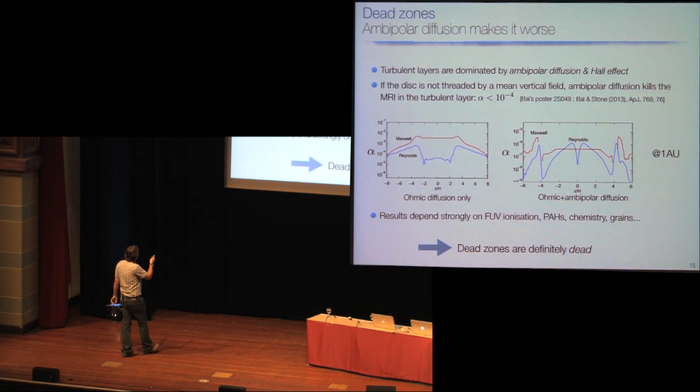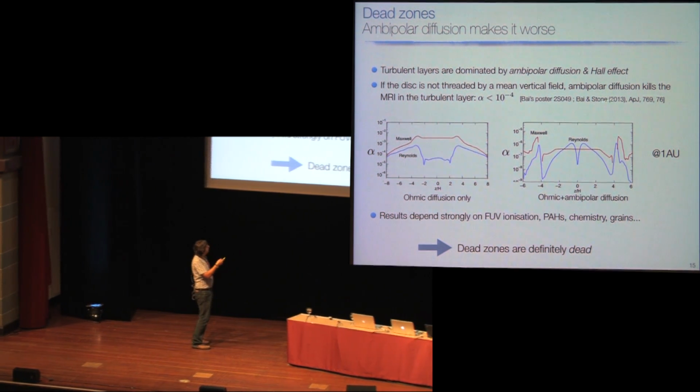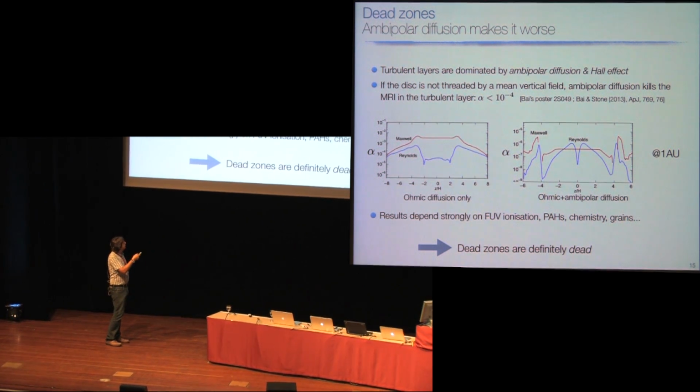So this is what you have with ohmic diffusion only. That's the old picture with an active layer. You have activity at the disk surface, which enables accretion, and alphas which are typically 10 to minus 3. Now, with ambipolar diffusion, you get essentially alpha of 10 to minus 7, 10 to minus 6. So the MRI is dead. Dead zones are really definitely dead.